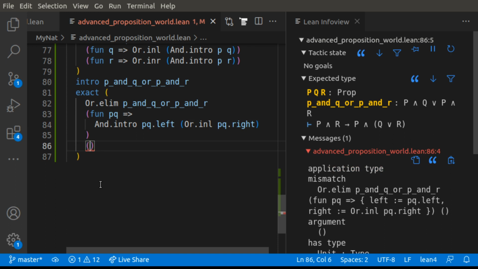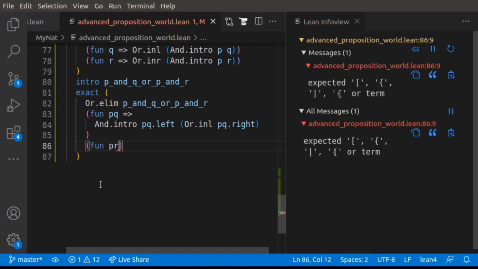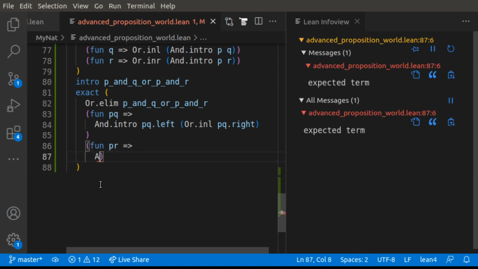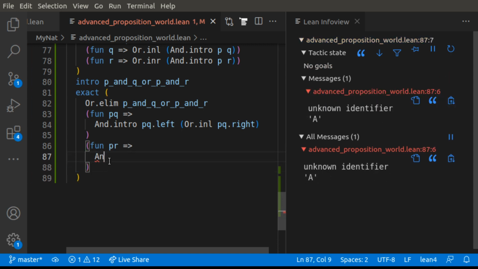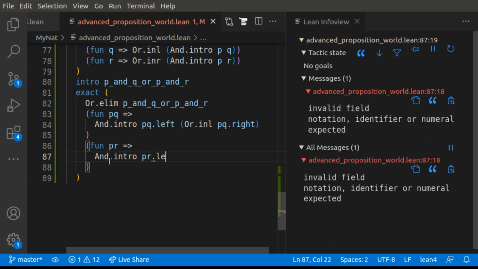Now we have P and R, P R, and intro P R dot left.